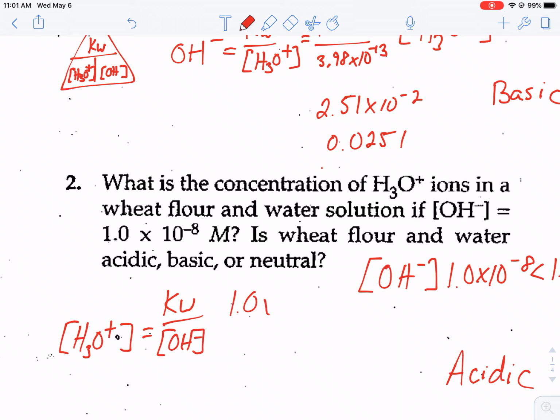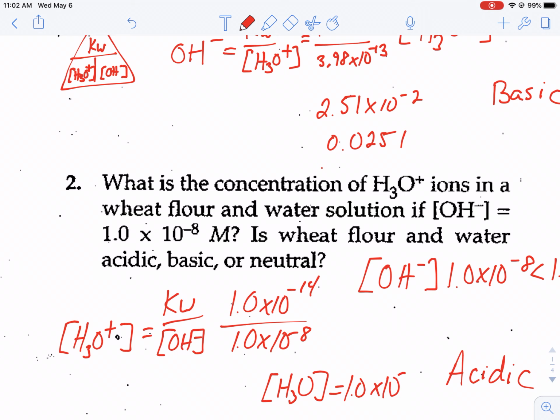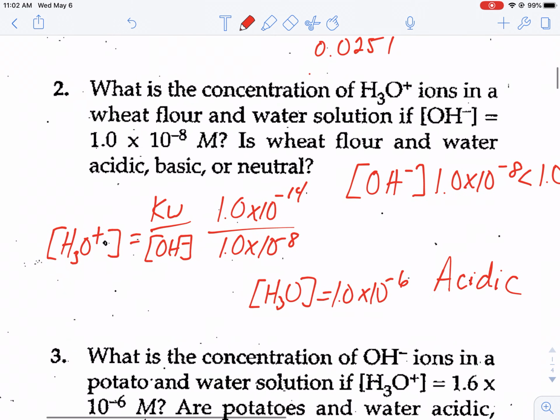I know that Kw is 1.0 times 10 to the negative 14th, and I know that my hydroxide is 1.0 times 10 to the negative 8th, and this is going to give me a hydronium concentration of 1.0 times 10 to the negative 6th. And 1.0 times 10 to the negative 6th is greater than 1.0 times 10 to the negative 7th. So it's also telling you that it's acidic.